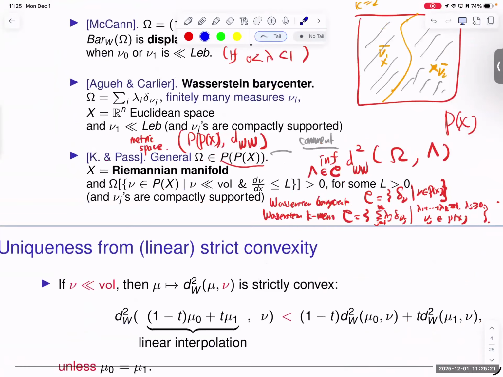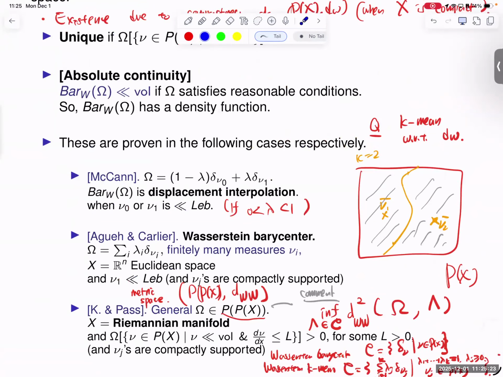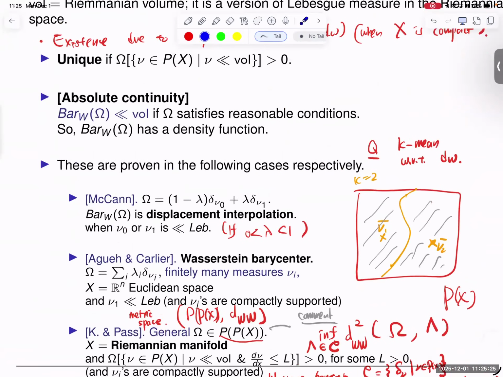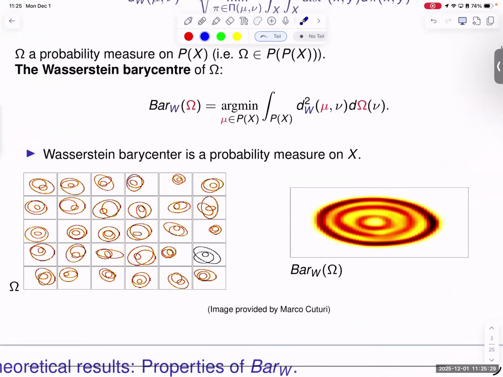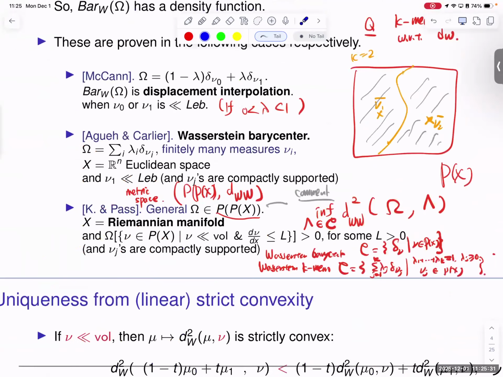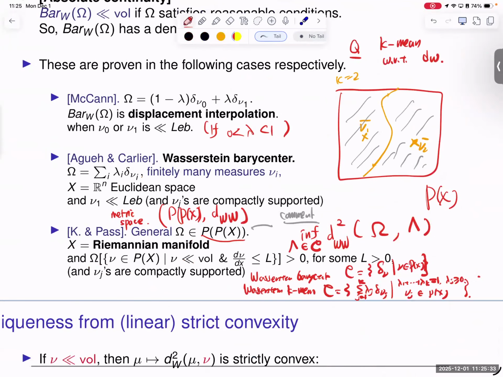So for uniqueness, we should consider the functional.